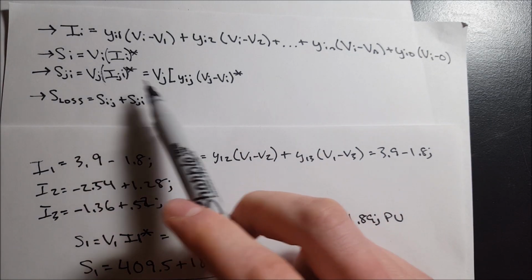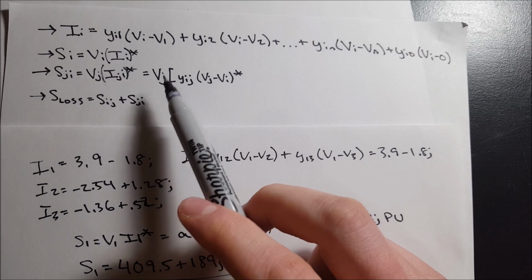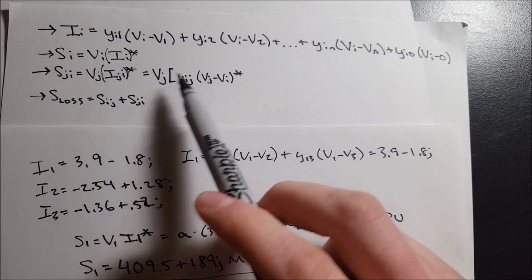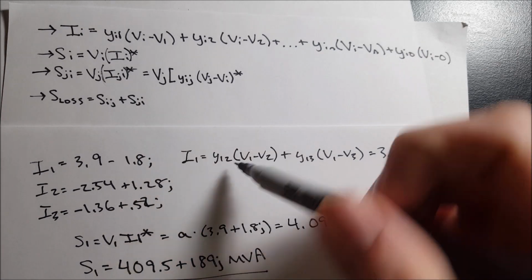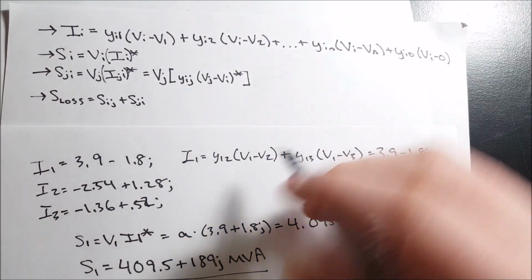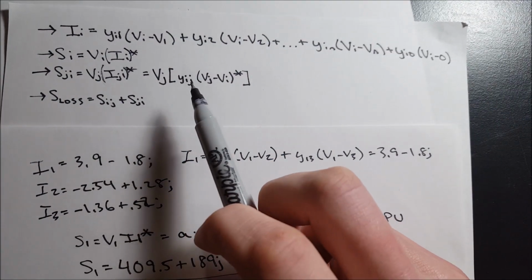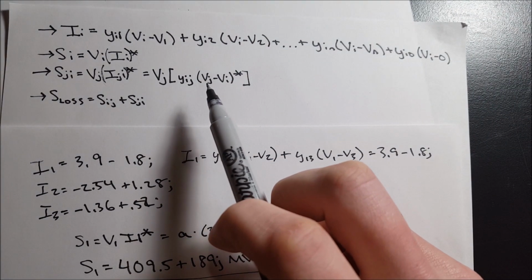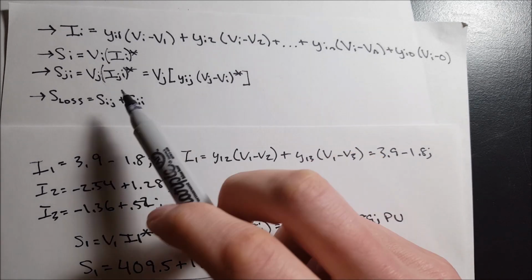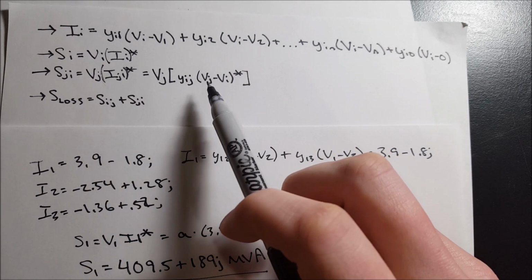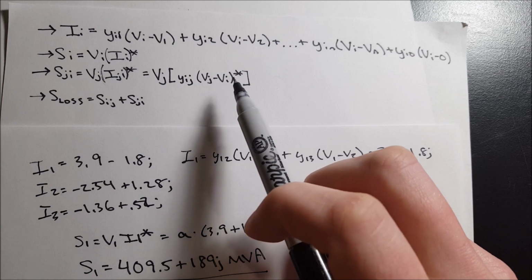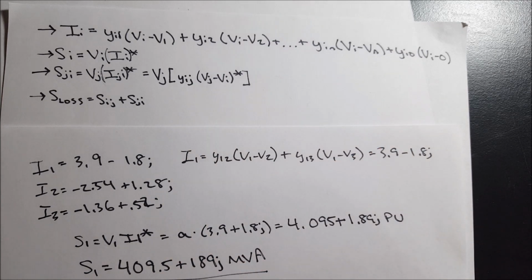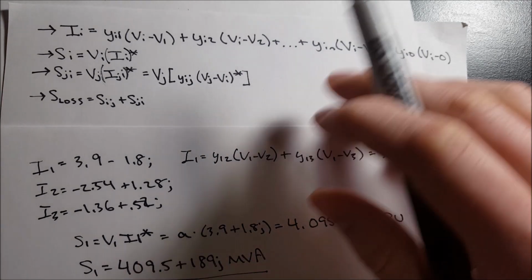An easy way to look at this also is by saying it's the voltage of the bus you're looking at times the admittance of that line, and then it's the voltage that we're looking at on the bus minus the bus we're going to. And I'll do an example here.